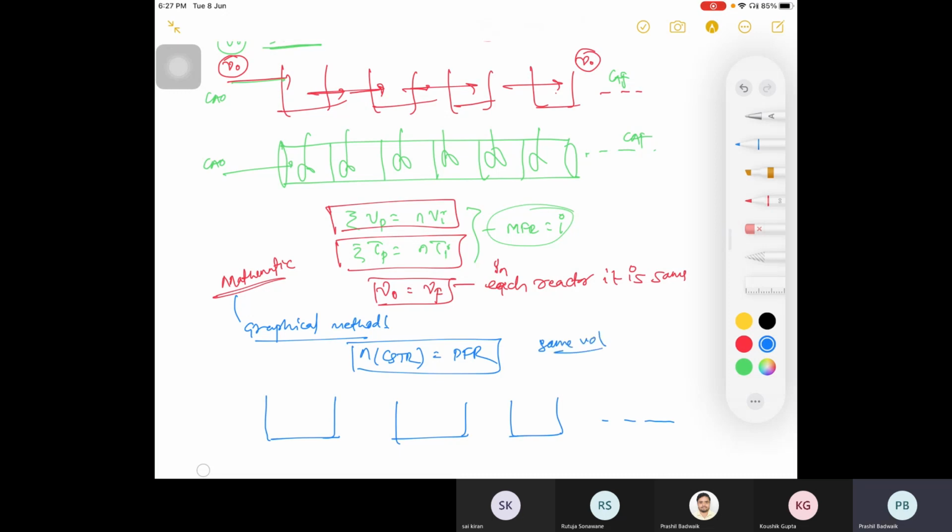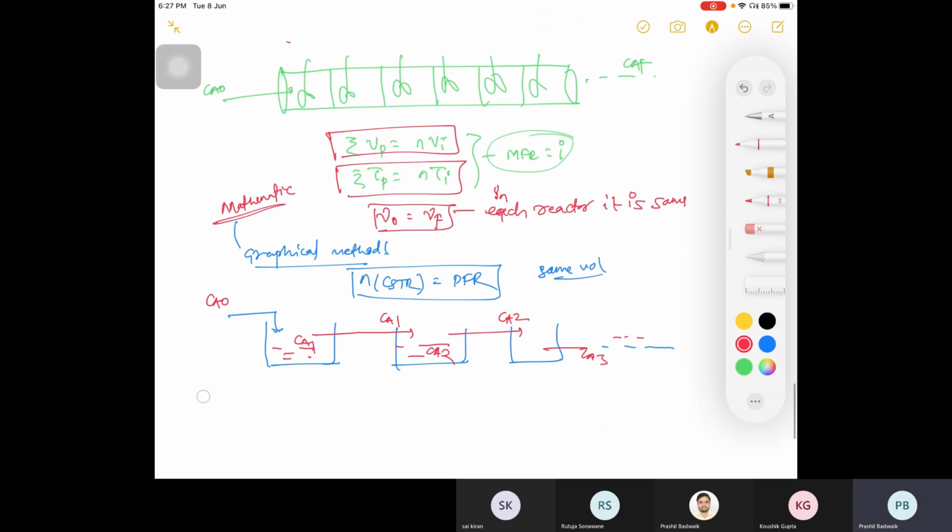Your inlet concentration is CA naught, this is CA1 entering the next one, here it is CA2, then you get CA3, and this continues. CA0 is greater than CA1 is greater than CA2, so this will be your sequence.